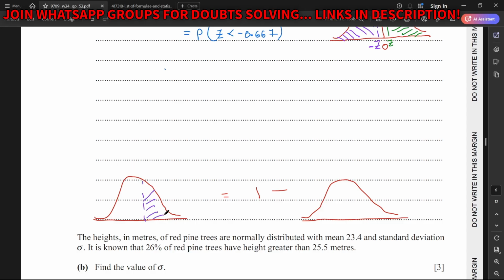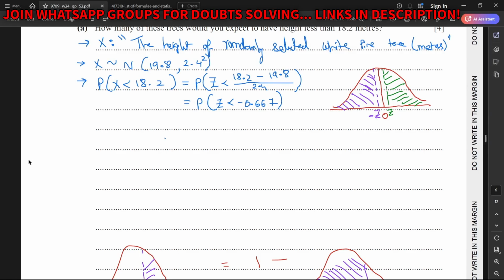If this is the area you're looking for, you shade everything and then get rid of the left hand side, and you get the right hand side area. Therefore straight away you can say that this is equal to 1 minus probability of z less than 0.667. And now z is positive and even the less than sign is what we have got over here.